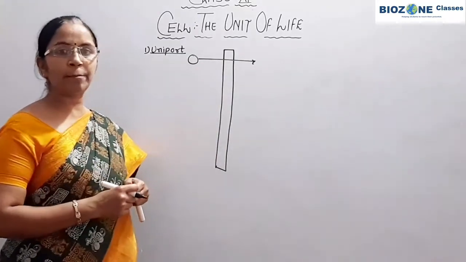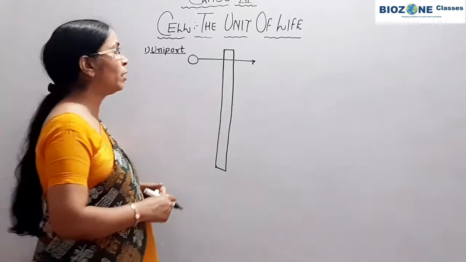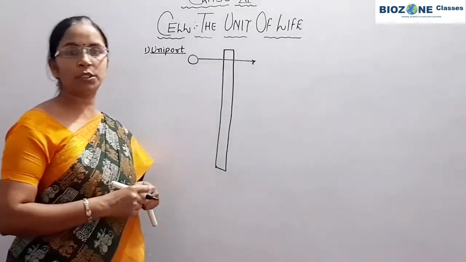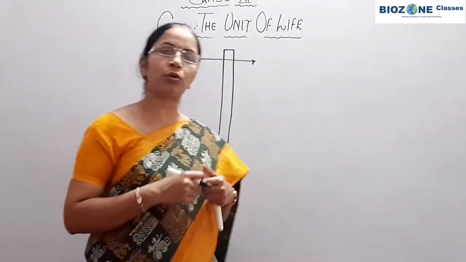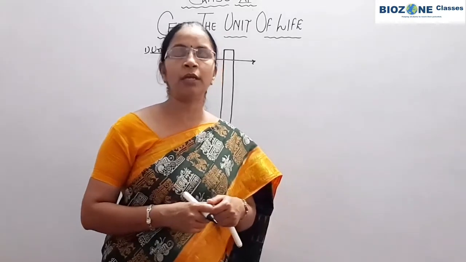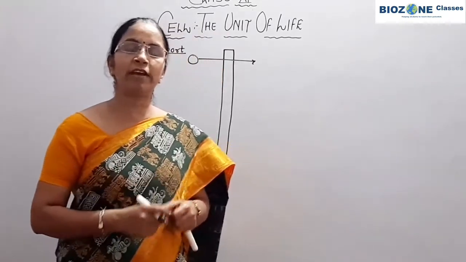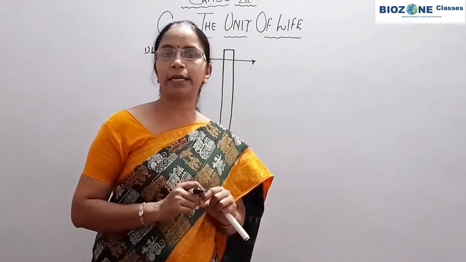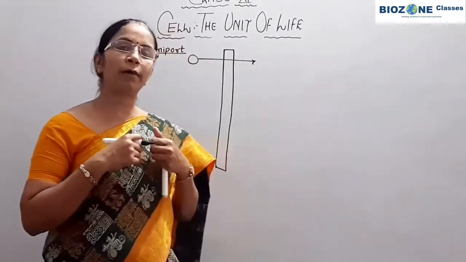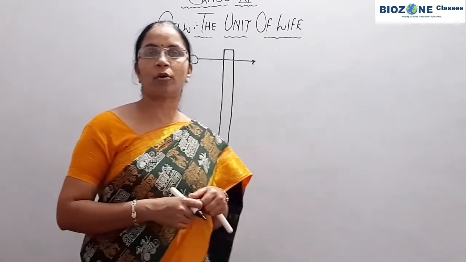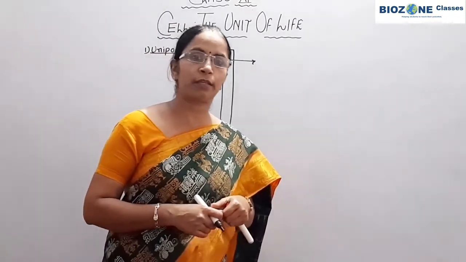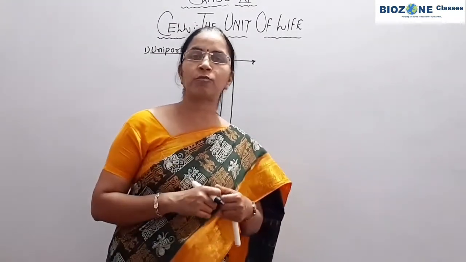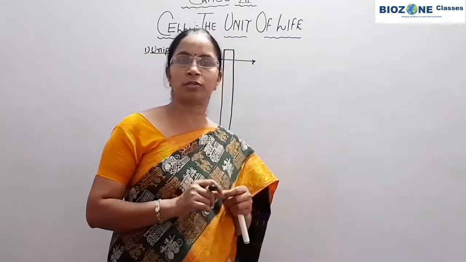For an example of uniport, you remember the diffusion of oxygen we studied, or the diffusion of carbon dioxide. Oxygen is always transported towards the cell or inside the body, and CO2 molecules are always transported outside the body. They are always transported along their own concentration.